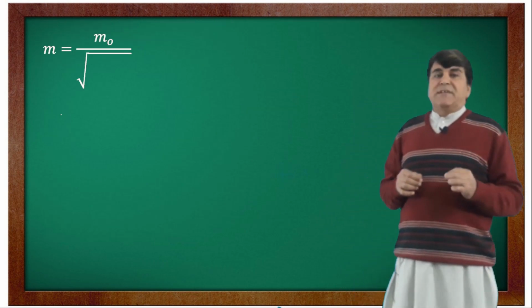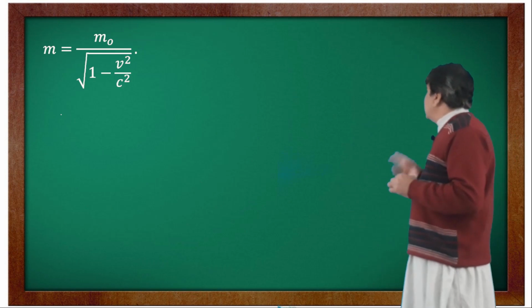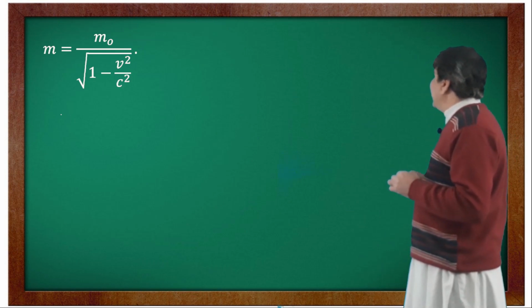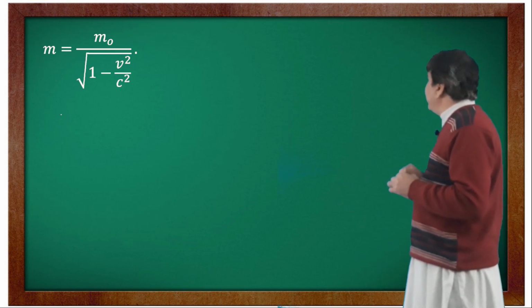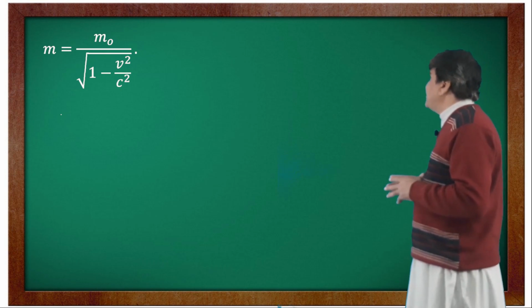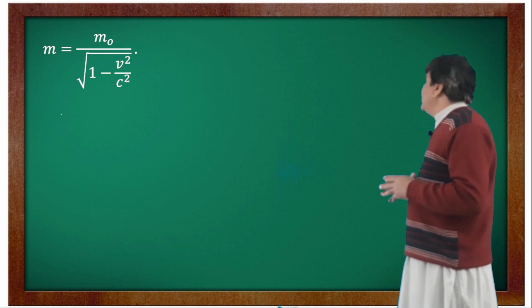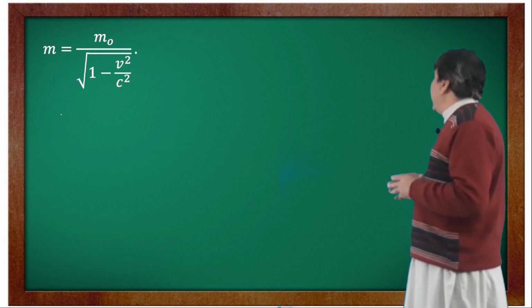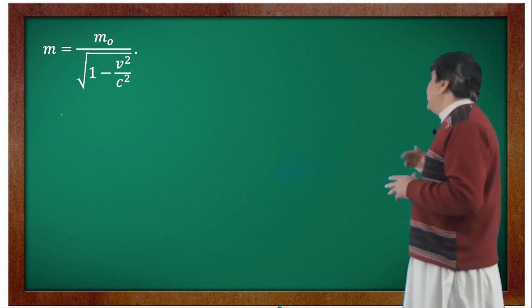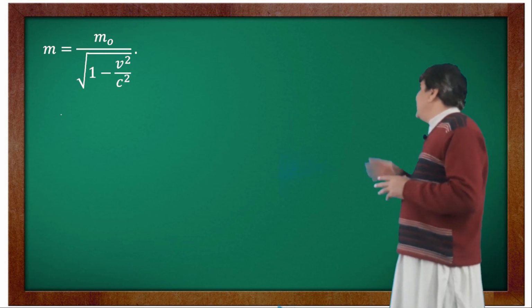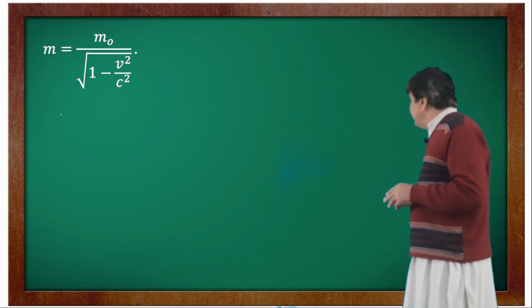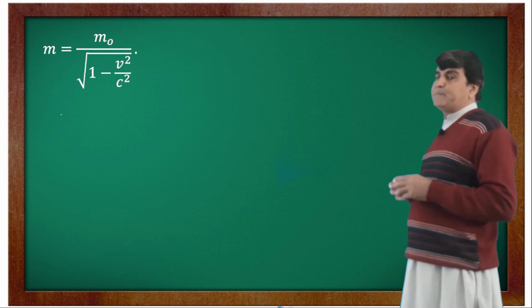According to the special theory of relativity, the relativistic mass m of an object with rest mass m0 moving with velocity v can be expressed through the equation m equals m0 divided by the square root of 1 minus v squared divided by c squared, where c obviously stands for the speed of light.